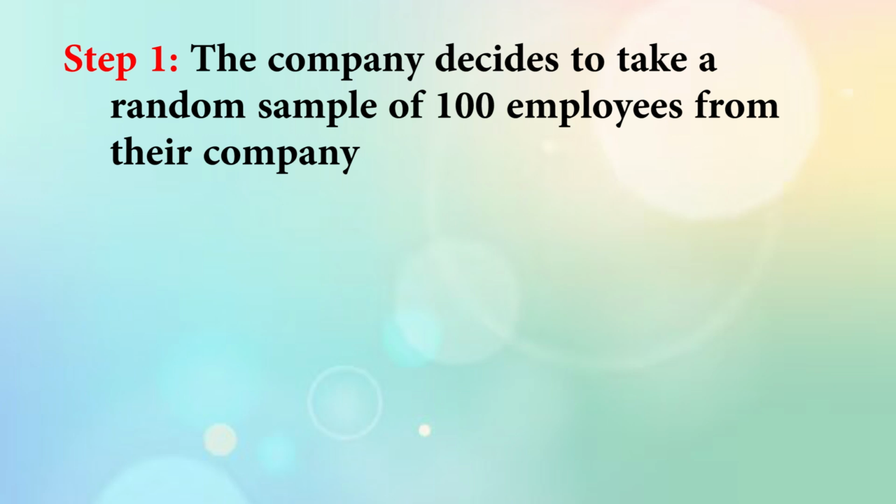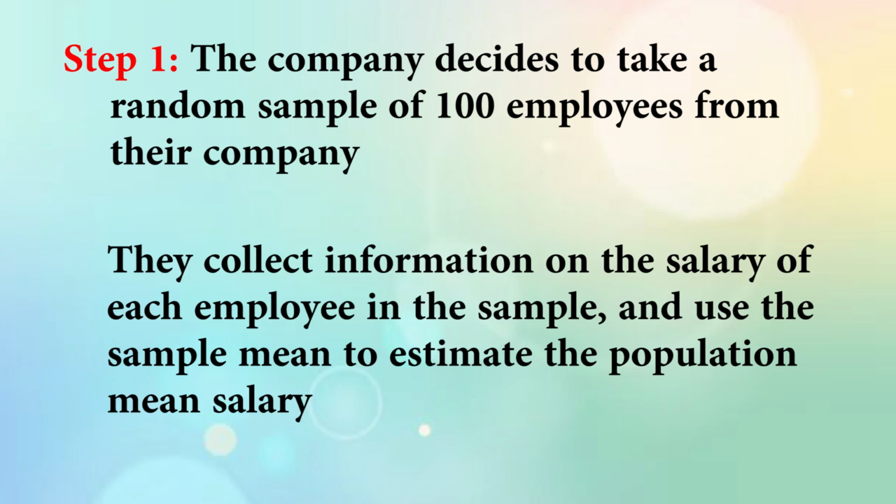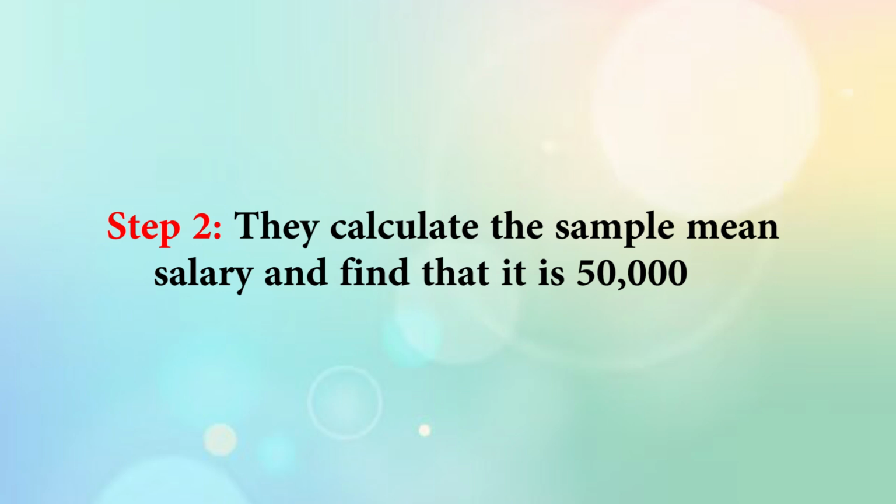The following is the procedure. The company decides to take a random sample of 100 employees from their company. They collect information on the salary of each employee in the sample and use the sample mean to estimate the population mean salary. Let us assume that the calculated sample mean salary is found to be 50,000.